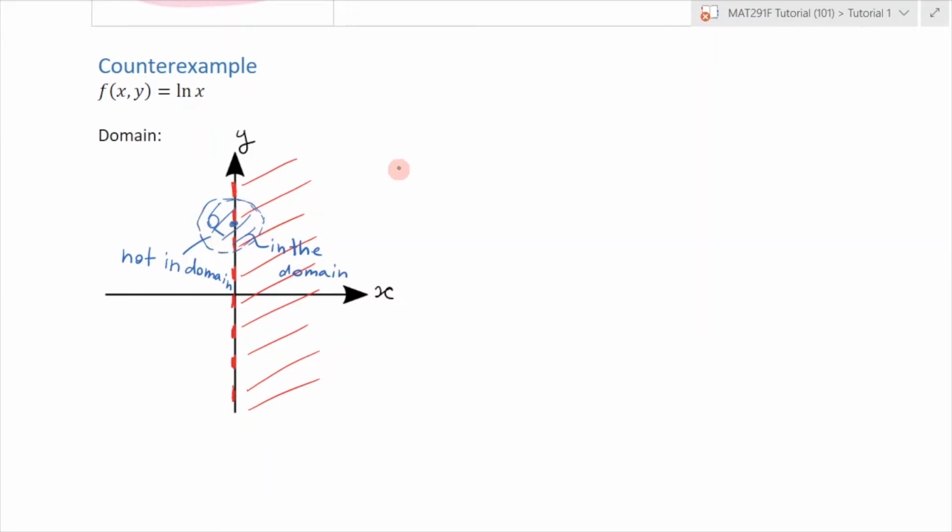So Q is a boundary point of the domain. But it's not in the domain. x equals 0 is outside of the domain. So Q is not in the domain.